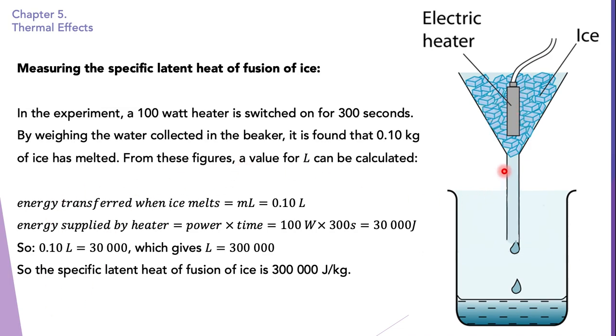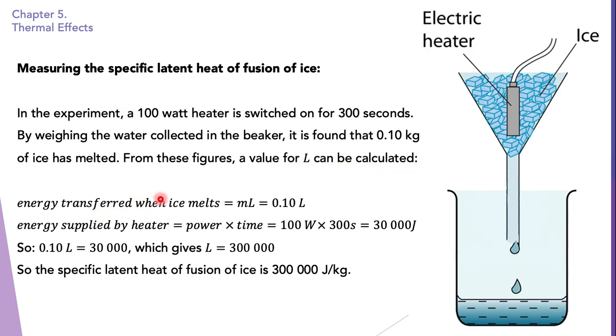In the experiment, a 100-watt heater is switched on for 300 seconds. By weighing the water collected in the beaker, it is found that 0.10 kg of ice has melted. From these figures, a value of L, which is the latent heat, can be calculated.